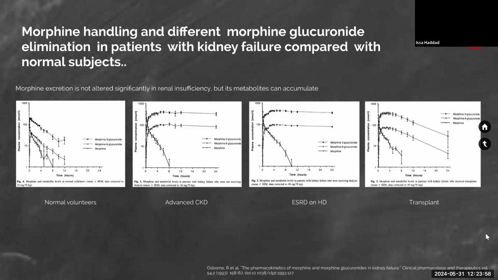As you can see, if you look at this line, which is the morphine line, it's not really that much different in elimination of the prodrug morphine between the different categories of patients. However, it's the metabolites M3G and M6G, which, as you can see, last longer in the body and take longer to metabolize and clear.